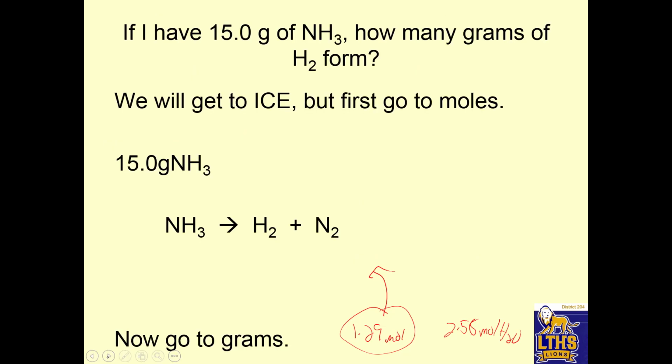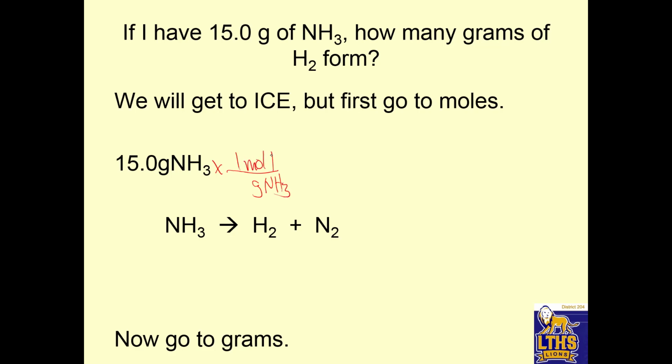If I have 15 grams of NH3, how many grams of H2 form? Okay, so we will get to the ice diagram, but first we're going to go to moles. So I'm going to start with 15 grams of NH3 times dividing bar, and I put grams of NH3 on the bottom, and I go through moles of NH3. So the number of grams that I have, little g stands for grams, and little g stands for go to the periodic table.